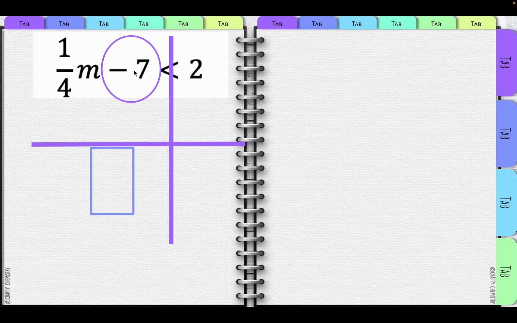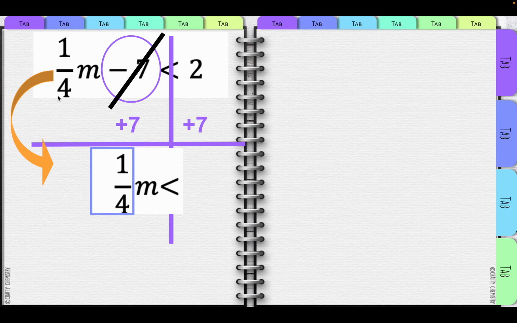The opposite of -7 is +7. What I do on the side with the letter, I have to do on the other side. Then I'm going to simplify that. The point of this +7 was to cancel out the -7. And I still have 1/4 m, so I'm going to bring that down. My inequality symbol comes straight down. And then 2 + 7 is 9.